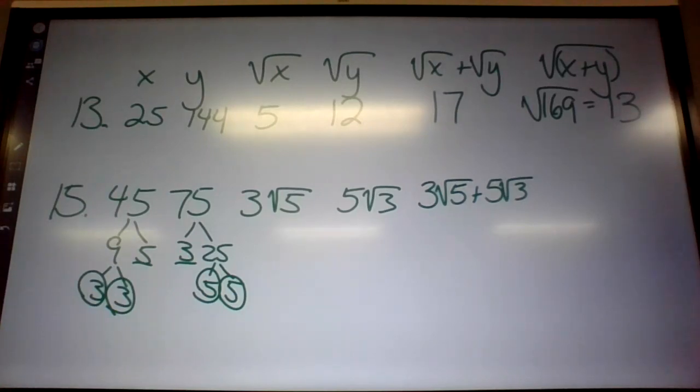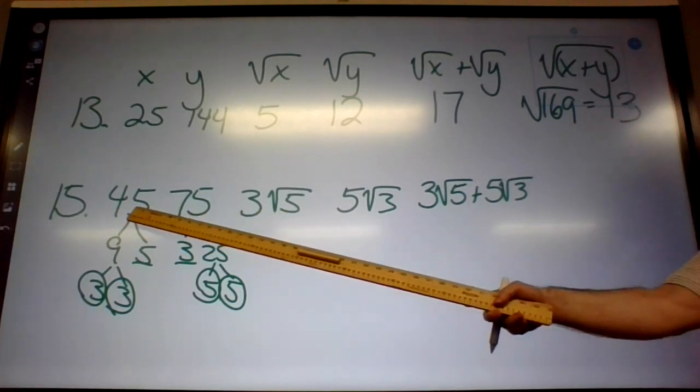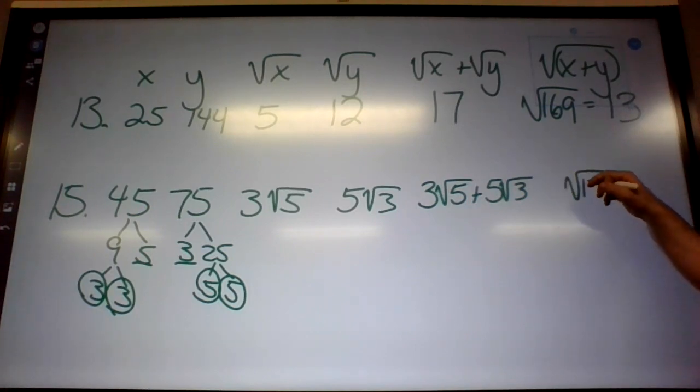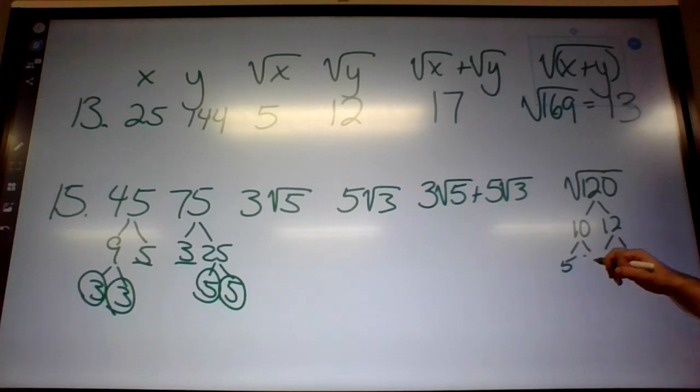Okay. On this last one, we're supposed to add x and y together first and then square root it. So 45 plus 75 is 120. So we have to do the square root of 120, which doesn't come out perfectly, but there are going to be some doubles. What could go into 120? 10 and 12. So it's 5 and 2 and 4 and 3 and 2, 2.